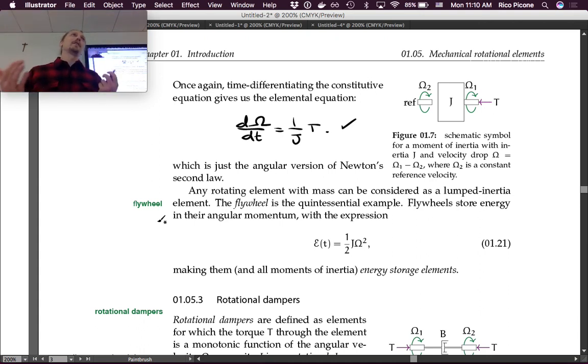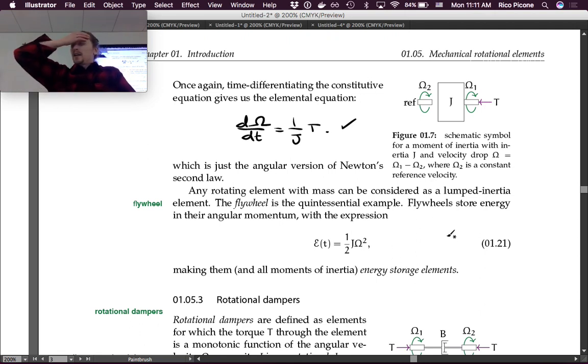Unless you have air bearings, and then you still have a little bit of drag on the thing, but it's going to spin down, and it's not even that long that it takes. Flywheels are useful for some systems, but they're pretty rare these days. Used to be more applicable. They store energy in their angular velocity, so we call them energy storage elements.